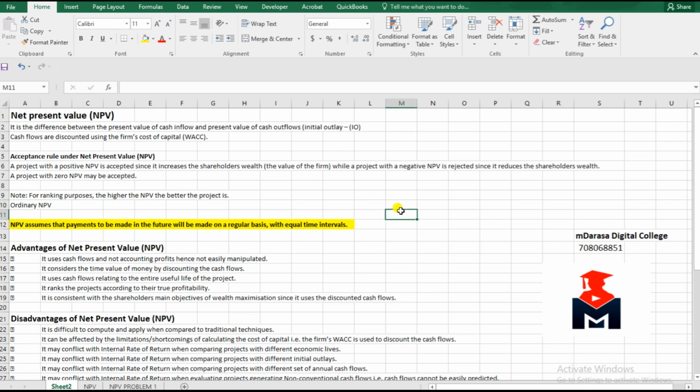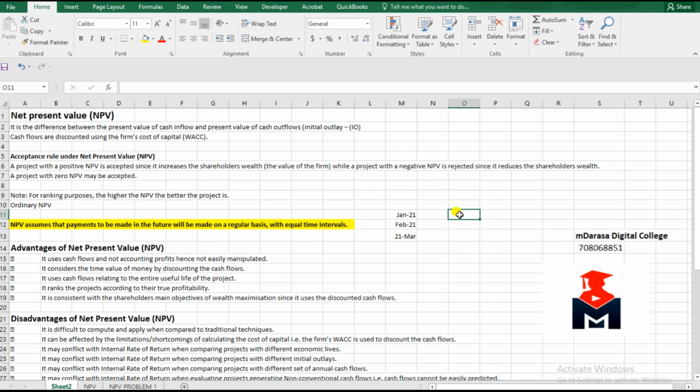Say for example, you're receiving these payments in January 2021, and we can have the same value in February 2021, March 2021, basically after every month, on a monthly basis. It can also be per annum.